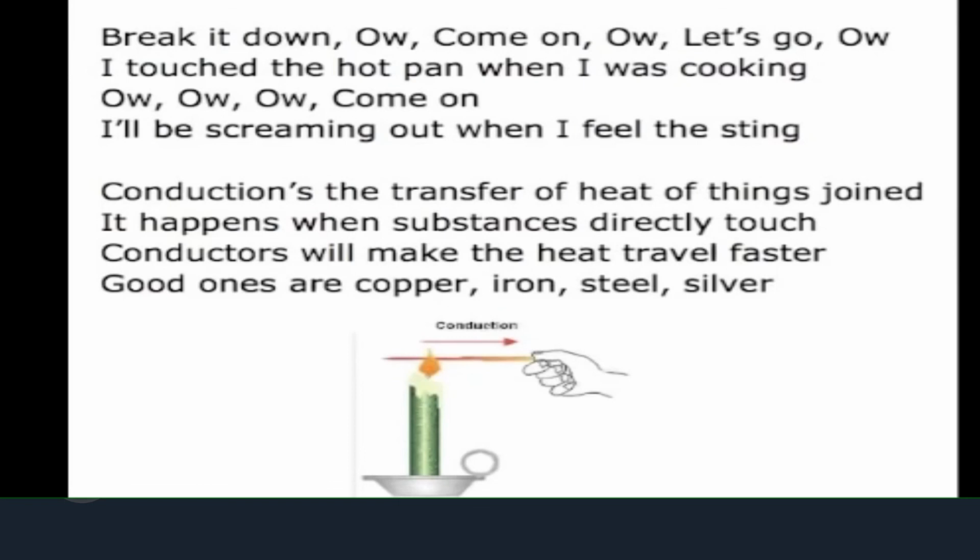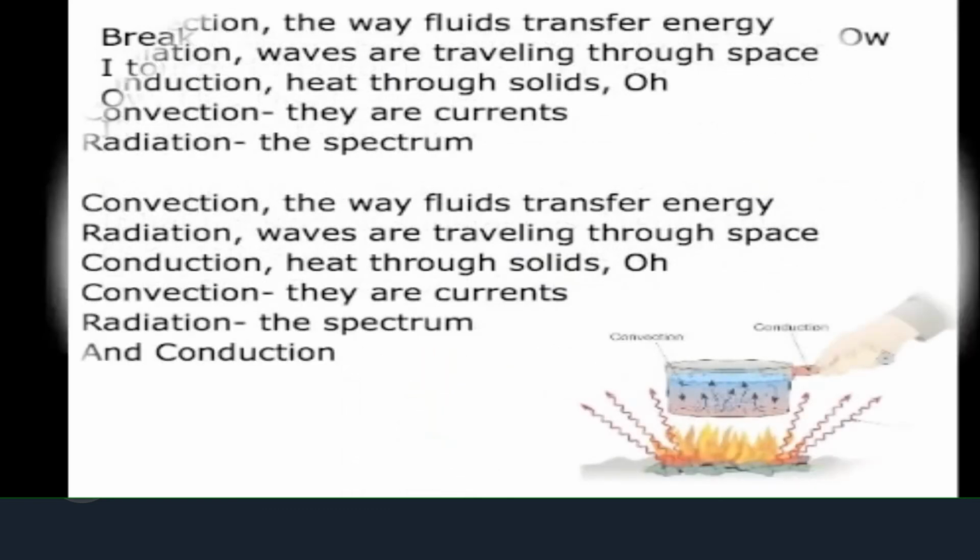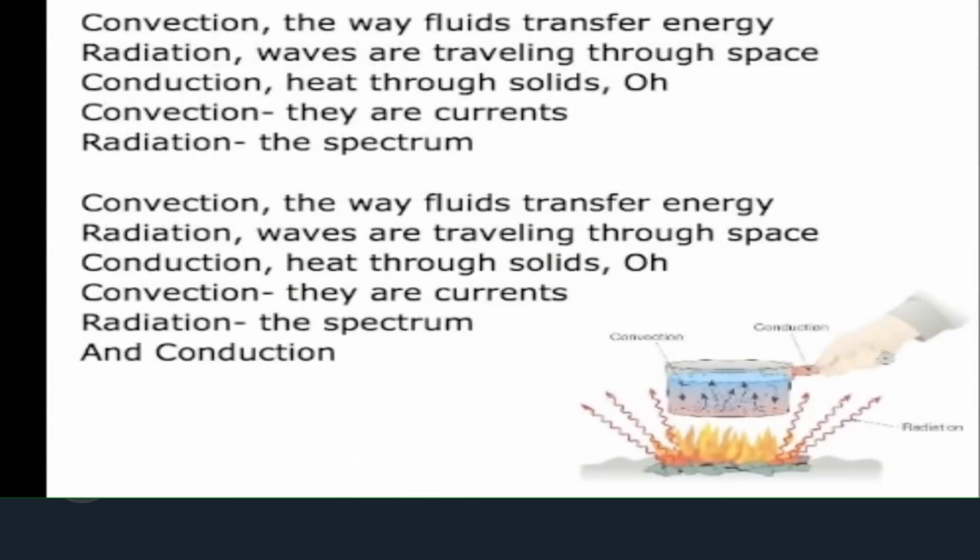Conductors will make the heat travel faster. Good ones are copper, iron, steel, silver.